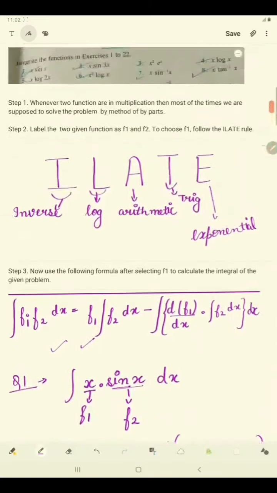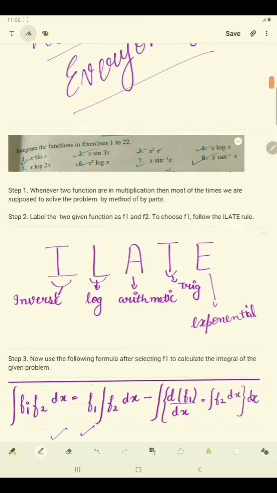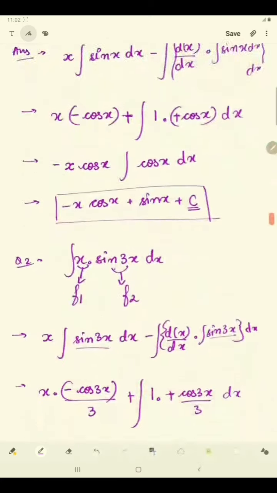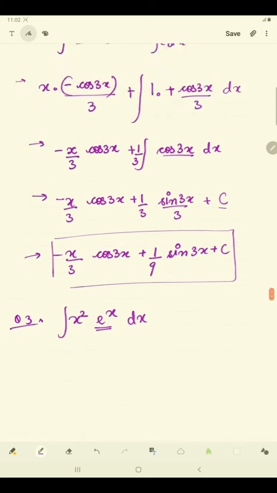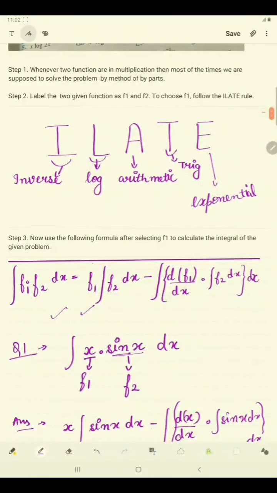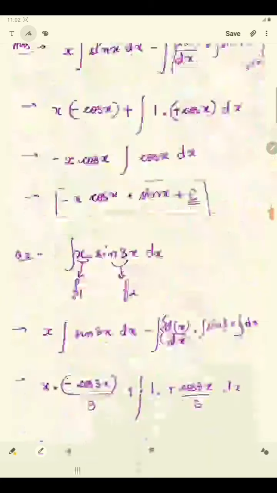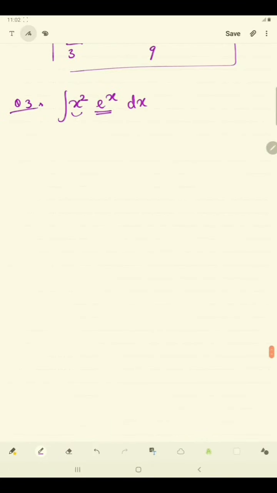Now we are heading to the third question. The third question is x square e to the power x, integration with respect to x. Now e to the power x is an exponential function. Exponential is given the last preference, so the other function has to be f1.